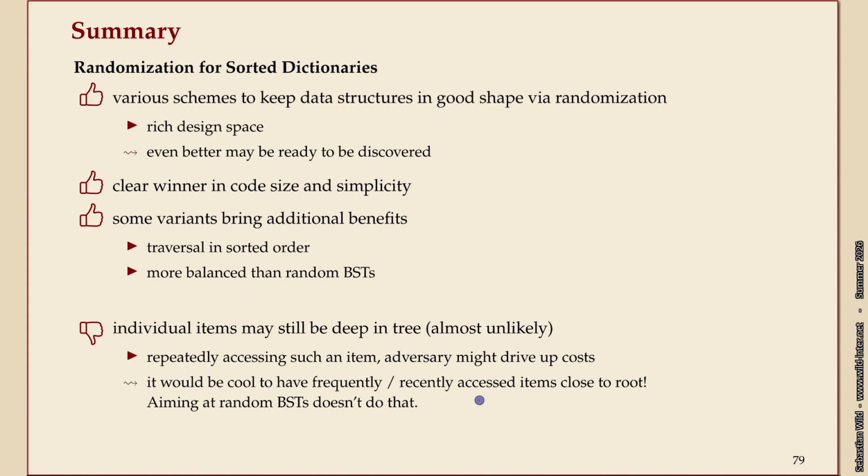And wouldn't it be cool if we somehow could make a profit from that? That our data structures, without having to know up front which elements are going to be hot, can adapt to them being accessed a lot. In particular, when this is dynamically changing over time. It seems that as long as we aim for a random binary search tree, we're never going to get there because they by definition bake in a uniform distribution.